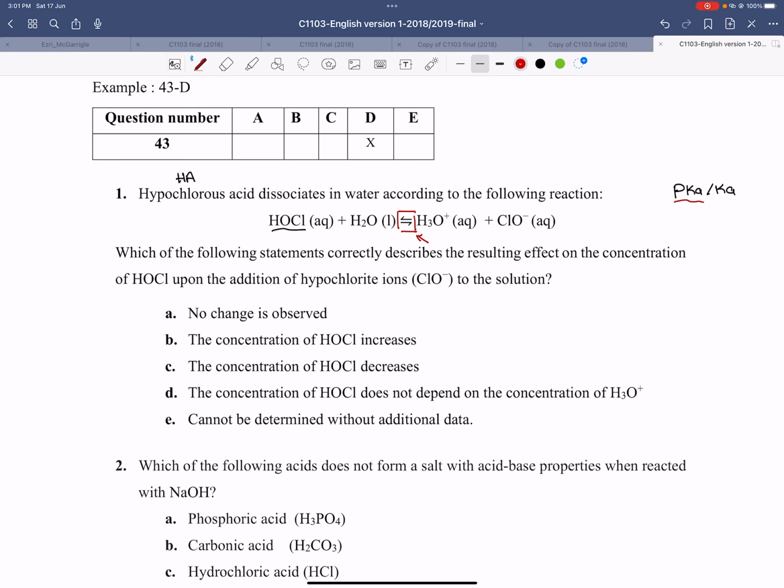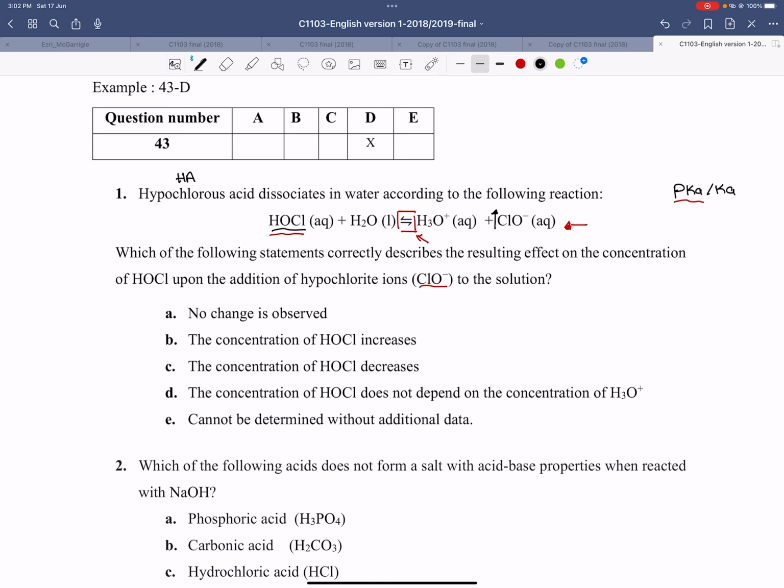So this is HOCl. Which one of the following statements correctly describes the resulting effect on the concentration of HOCl? That means, what happens to HOCl if you add ClO minus. It doesn't need a lot of things. When you add ClO minus, it means that you are increasing the concentration of ClO minus.